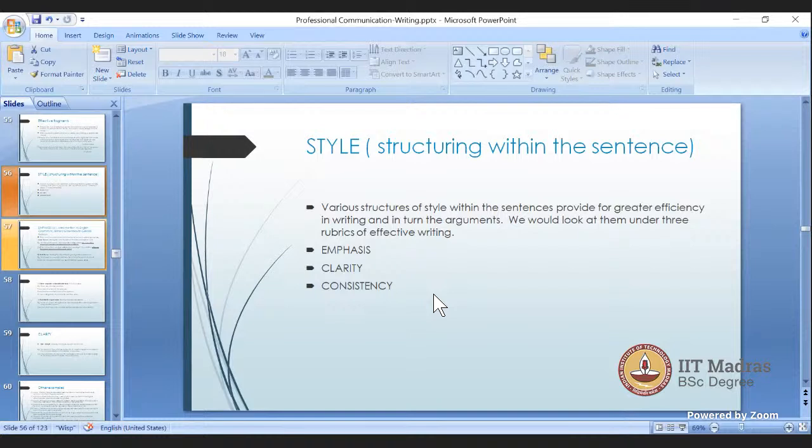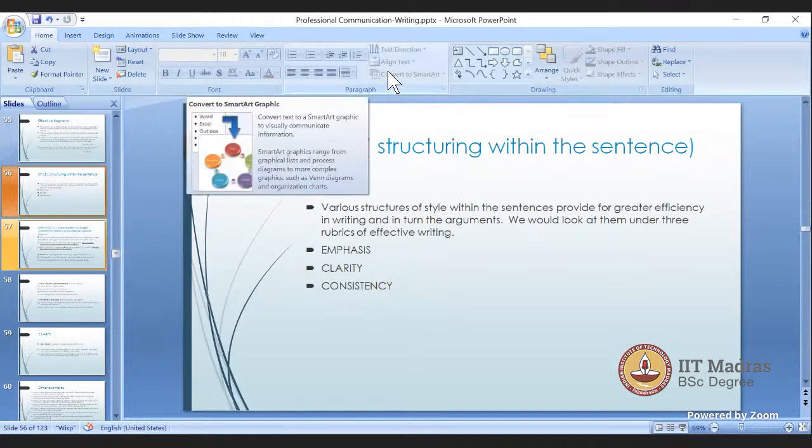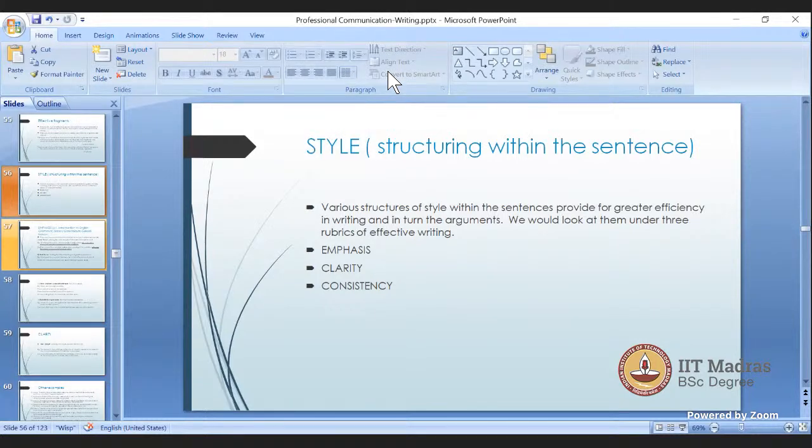All right. So we stopped at effective fragments last week. All those that we have discussed in the last two classes were about style and arrangement of style between sentences. Now, the same thing can also be followed.